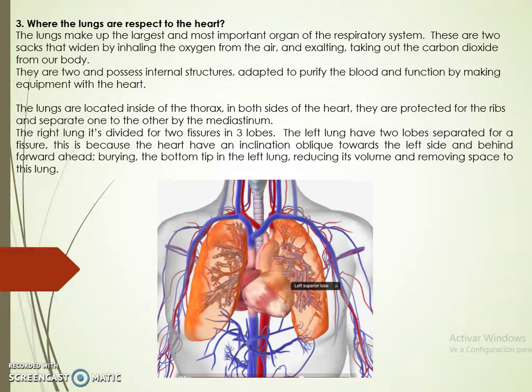They are 2 and possess internal structures adapted to purify the blood and function by working together with the heart. The lungs are located inside the thorax on both sides of the heart. They are protected by the ribs and separated from one another by the mediastinum.